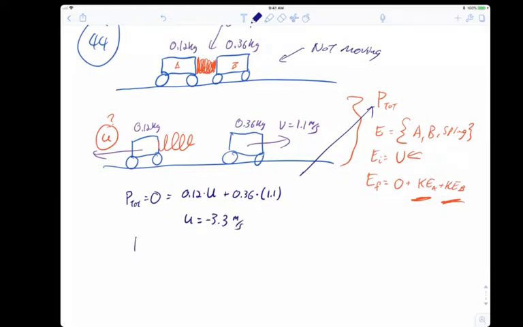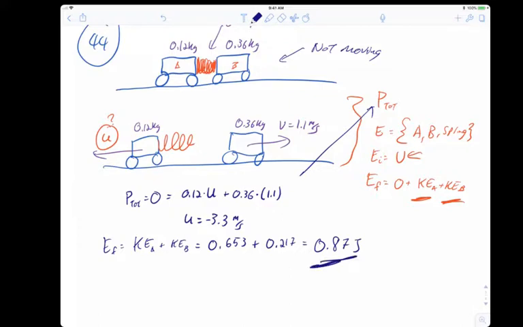Now I can calculate the total kinetic energy, KE A plus KE B. It's going to be 1/2 mv squared. 0.5 times 0.12 times 3.3 times 3.3 is 0.653, plus the other cart's kinetic energy, for a total of 0.87 joules.